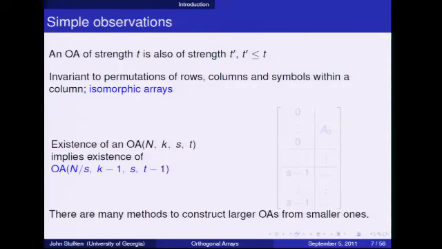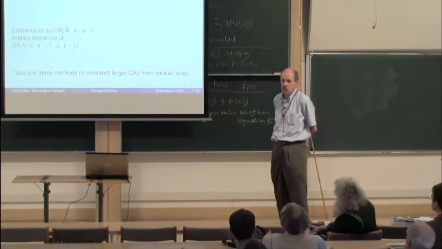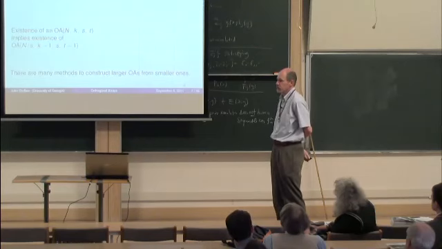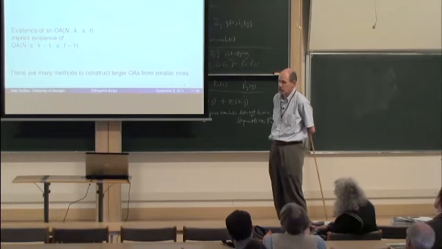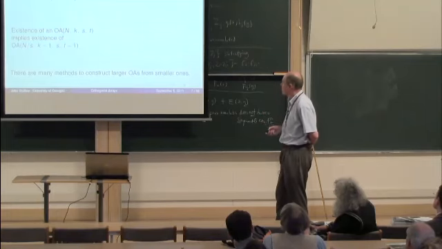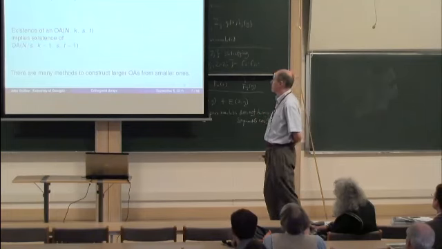And 2 arrays where one can be obtained from the other by a sequence of such permutations are called isomorphic. So there's a fairly important research area to try to identify the non-isomorphic orthogonal arrays for a particular set of parameters, which is a pretty difficult problem. If time permits, I'll come back to that and say a little bit more about that later on.